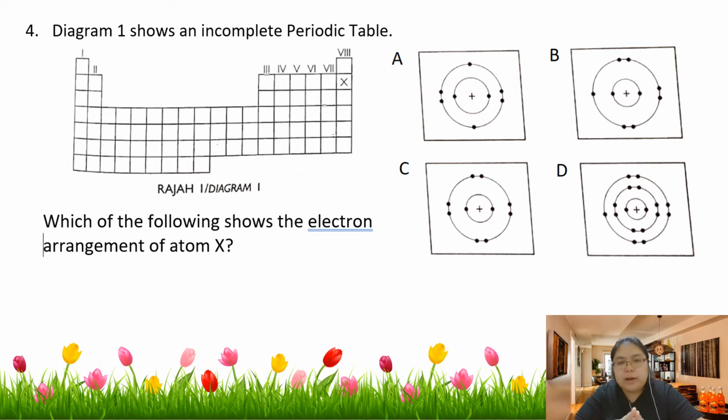So we need to find out atom X, what is the proton number. So 1, 2, 3, 4, 5, 6, 7, 8, 9, 10. There should be 10 protons. So with proton number 10, how do you draw the arrangement? The first shell must be 2, and the second shell must be 8. So it becomes 10 already, right? So the answer is C.